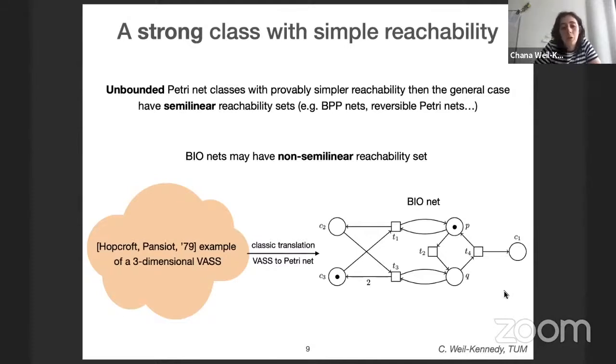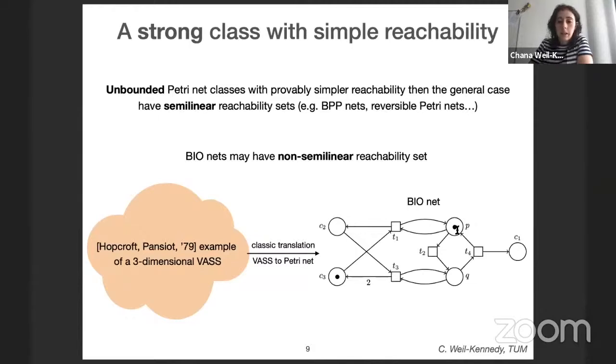And for those of you who don't know the example, I can give you an intuition of why this net doesn't have a semi-linear reachability set. So we've got C1, C2, C3, which are morally the counters of this three-dimensional vass, and then P and Q are morally the states of this vass. And the token can circle in a cycle from P to Q, and C1 keeps track of the number of cycles.